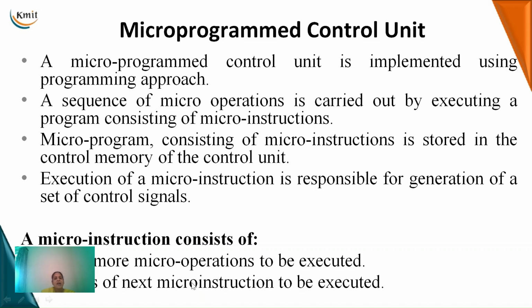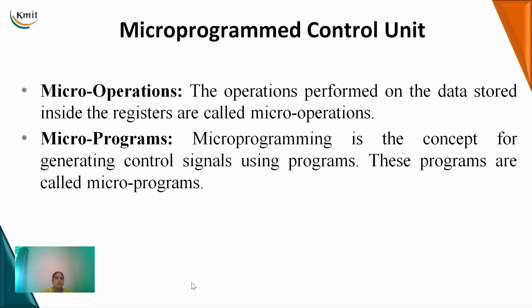So a microprogram contains a set of micro instructions, where each micro instruction contains the operation to be executed as well as the address of the next micro instruction. Micro operations are the operations performed on the data inside the registers. And a microprogram is a concept for generating the control signals using programs.